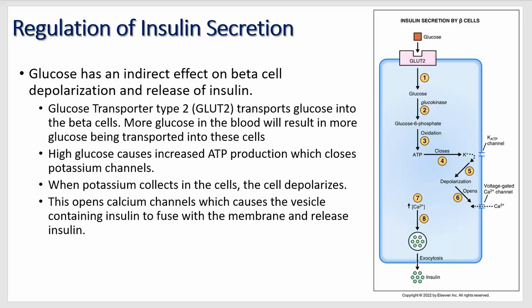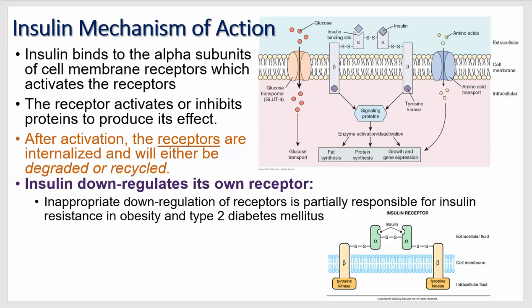The other thing is that we have these glucose transporters that are sensing the glucose moving in. Okay, so we do have this mechanism that will then cause the release of insulin. Okay, and so we kind of know how insulin is monitored. It's also a good review for the neuro stuff, because you get to think about potassium again.